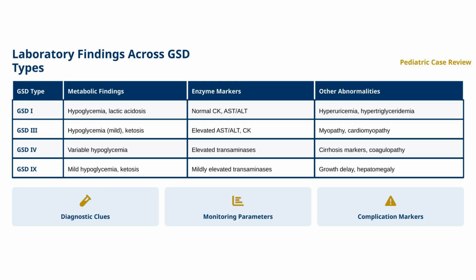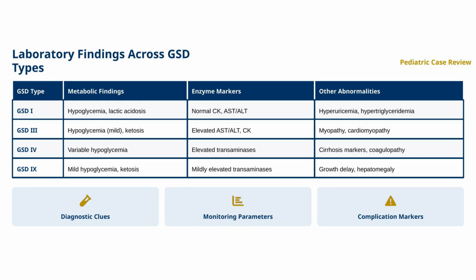Laboratory findings vary significantly across different types of glycogen storage diseases and provide important diagnostic clues. GSD type 1 typically shows hypoglycemia, lactic acidosis, hyperuricemia, and hypertriglyceridemia with normal CK and transaminases. GSD type 3 presents with mild hypoglycemia and ketosis, elevated AST and ALT, elevated CK, and may show myopathy and cardiomyopathy.